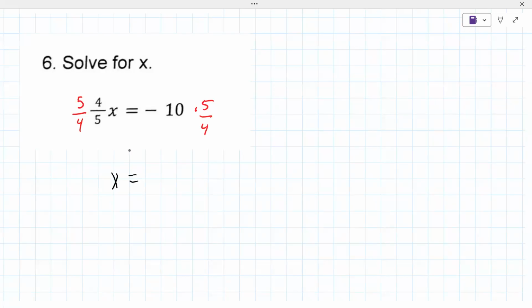X equals negative 25/2. Okay, and if you're in the mood of doing a decimal, negative 12.5.